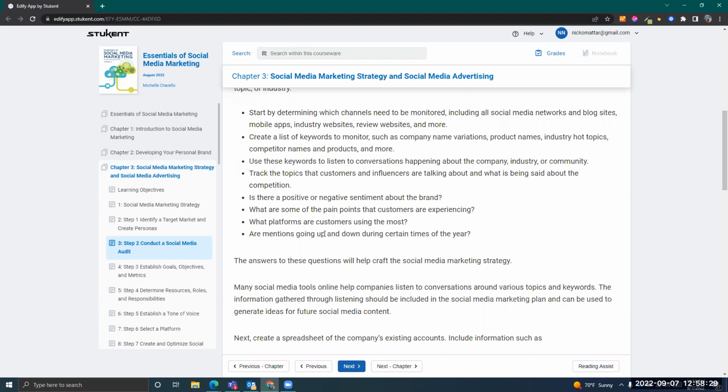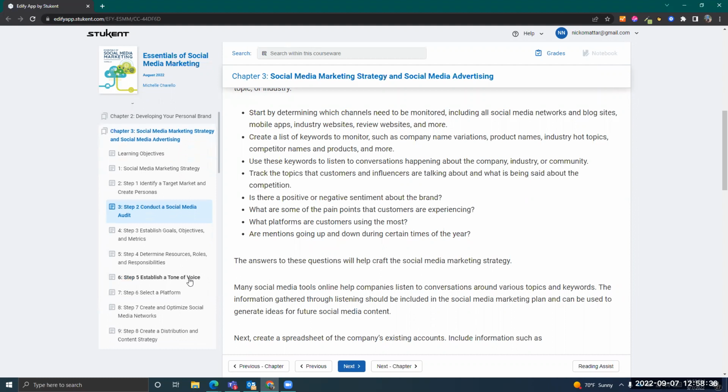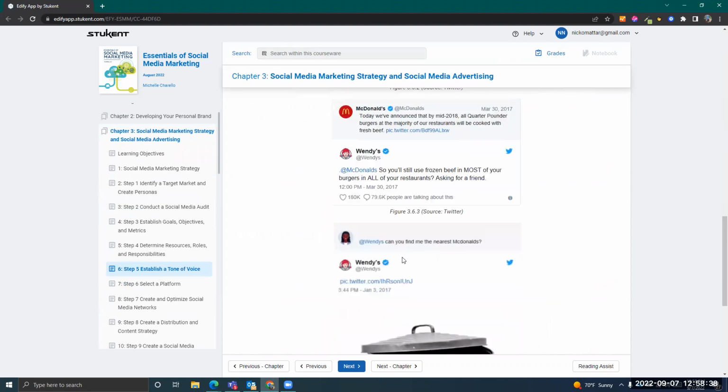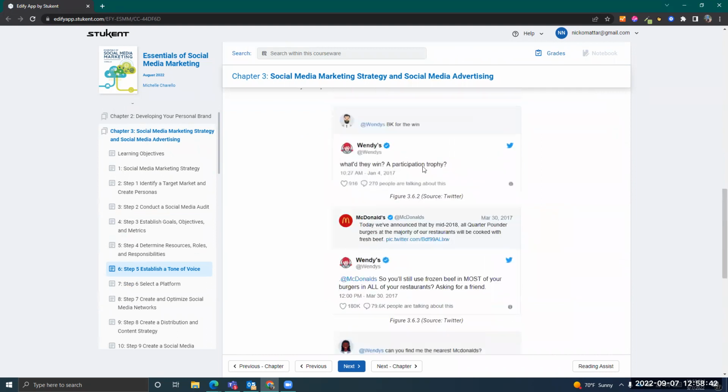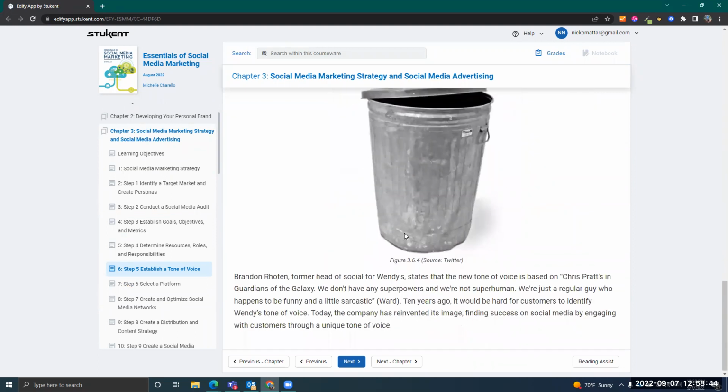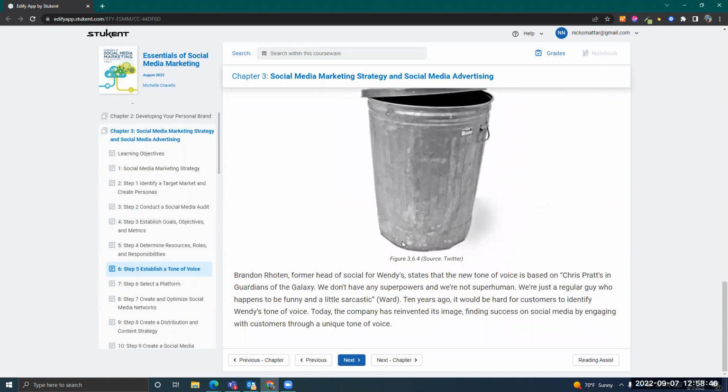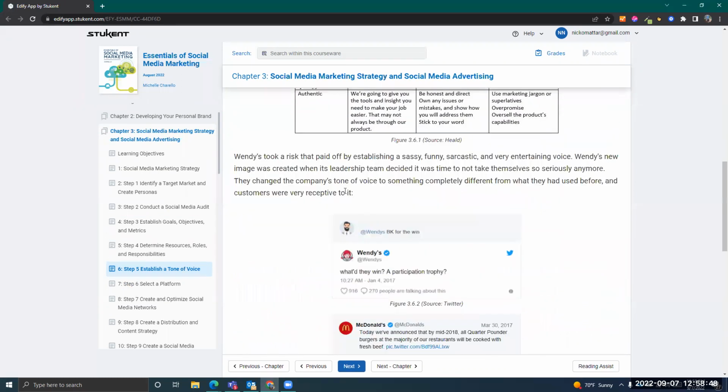When you think about the example that the author loves to talk about in this book, it's the Wendy's social media persona. They think this is a really good example, and it is. Wendy's is a great example on social media of one that established an alter ego and a really strong tone of voice.